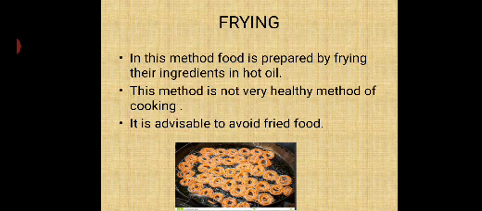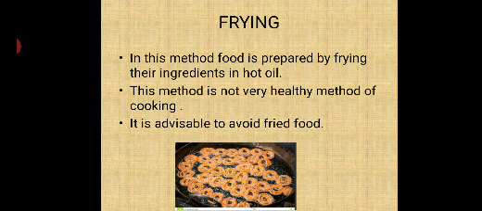The next method of cooking is frying. My dear students, we like junk food like samosas, jalebis, pakoras. But do you know how they are prepared? They are prepared in hot oil, and too much use of oil is harmful for our health.